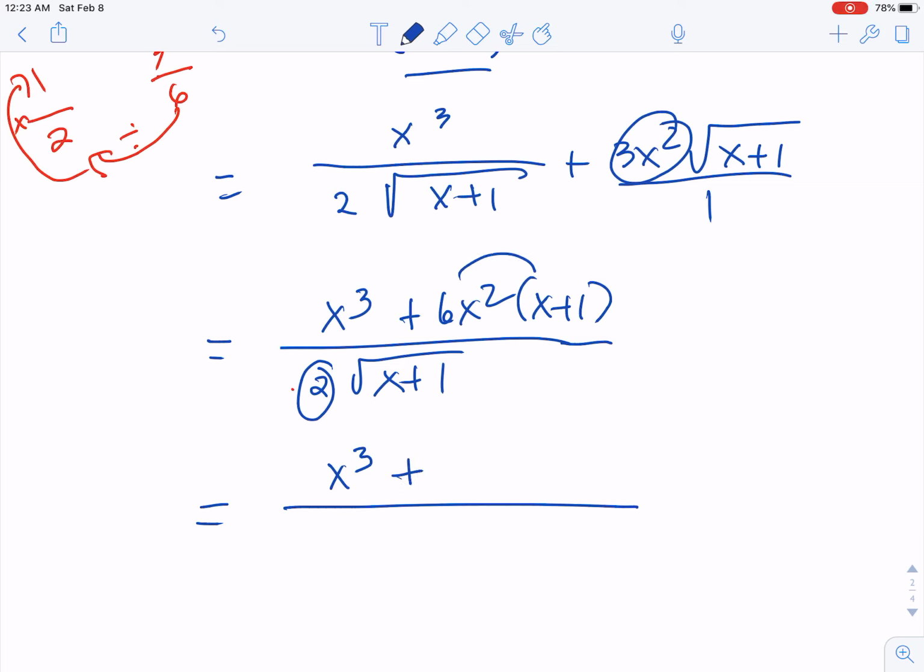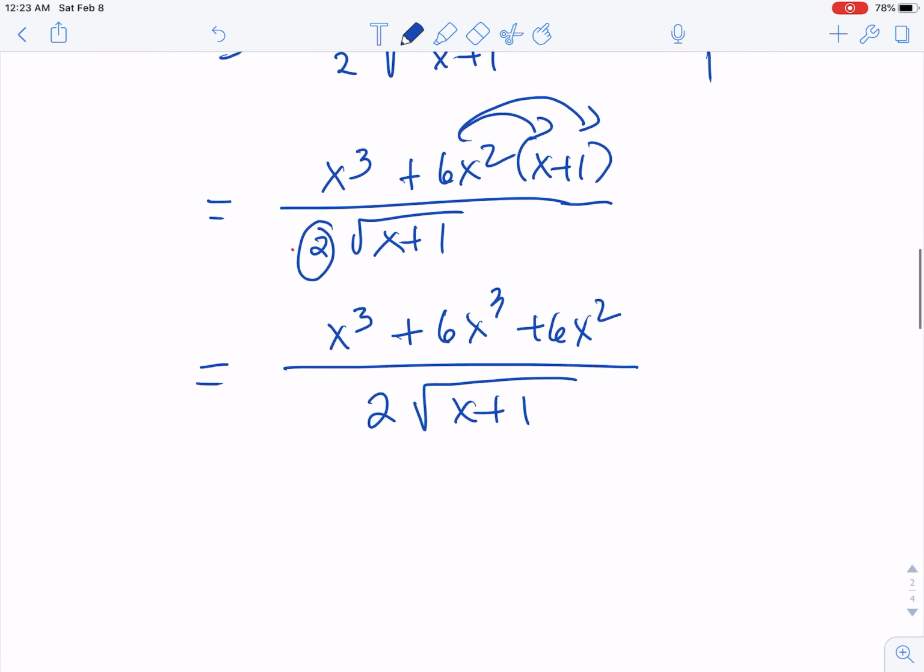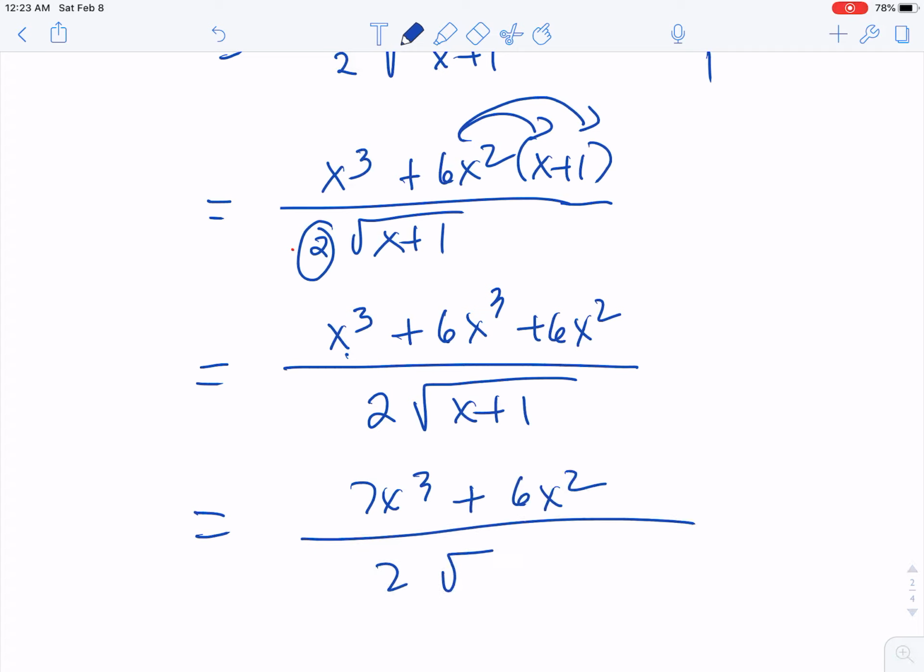Plus, we can use distributive property, that's 6x cubed plus 6x squared over 2 times square root of x plus 1. So, ang 6x cubed plus x cubed ay 7x cubed plus 6x squared divided by 2 times square root of x plus 1.